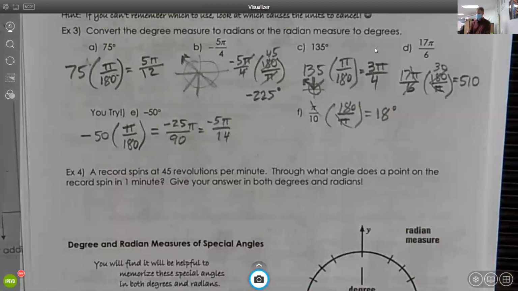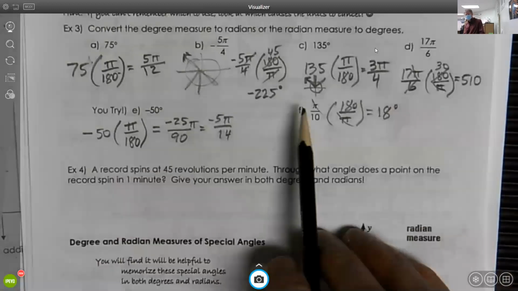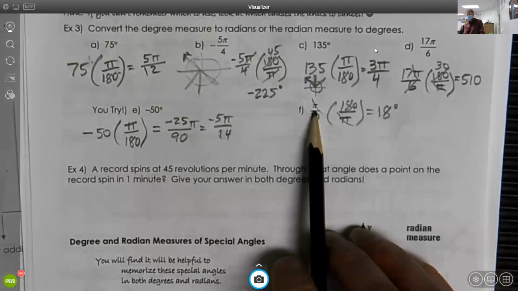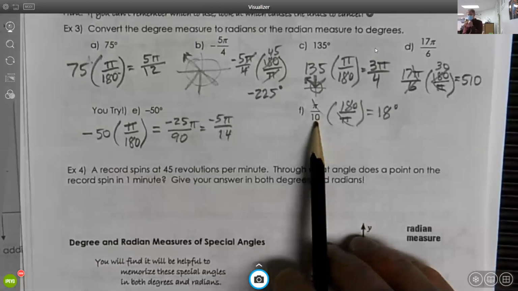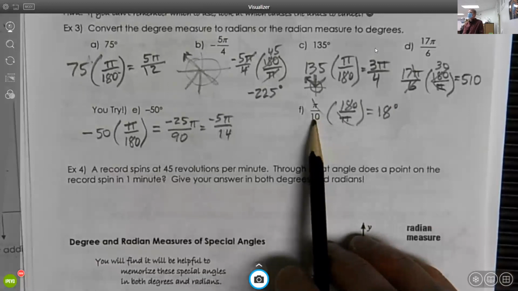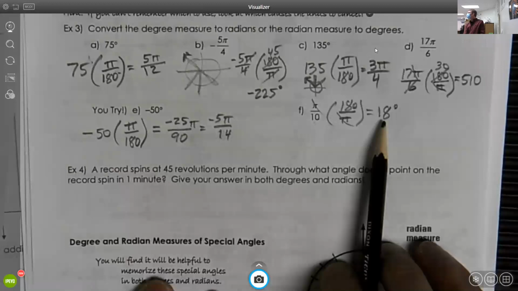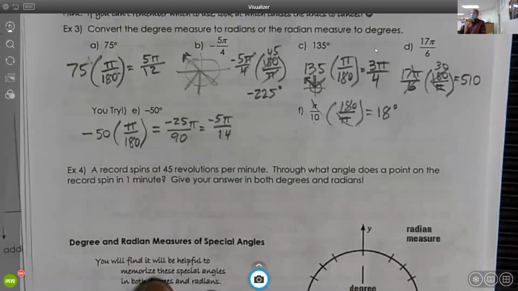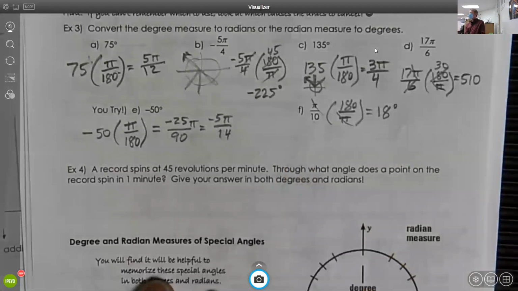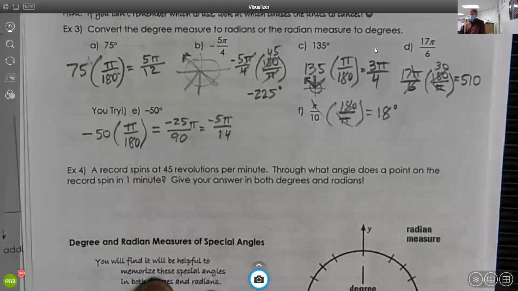If you take pi, which is half the circle, and break it into 10 equal amounts, 1/10, 2/10, 3/10, 4/10, 5/10, and so forth, you would have 18 degrees for each of those 10 pieces. Pi divided by 10 is another way to discuss that same amount.